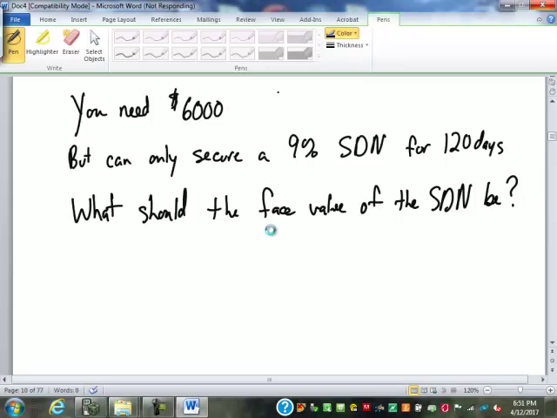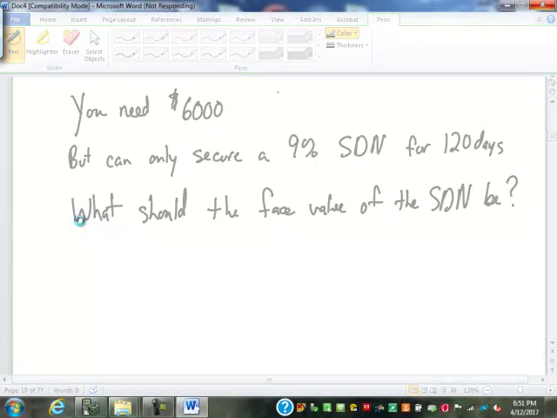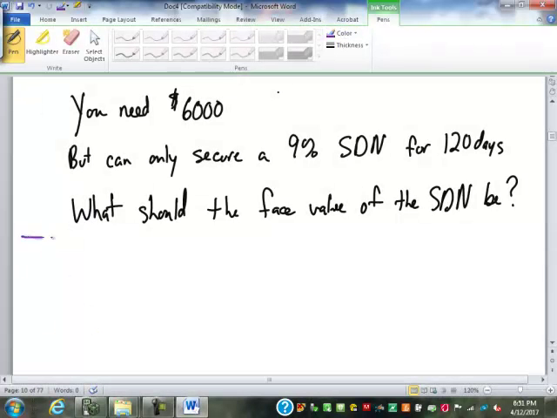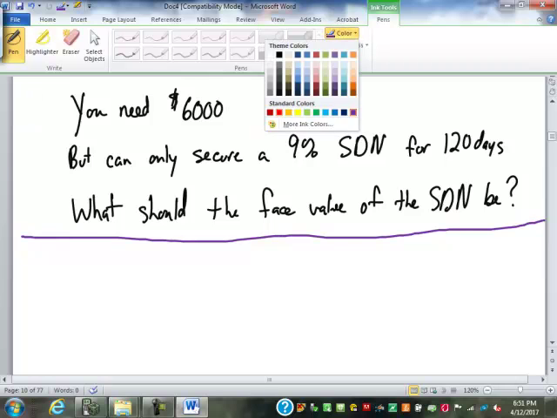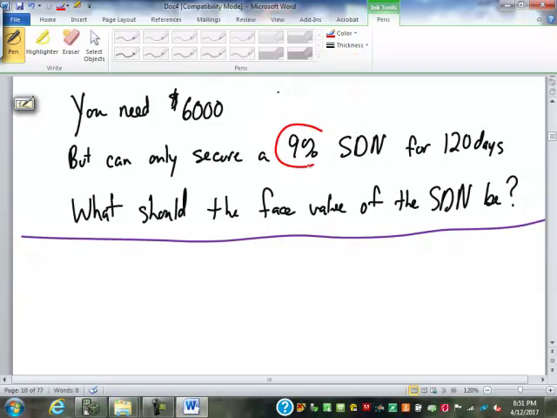So our first step is going to be to find the effective rate. But you're wondering to yourself, they're not actually borrowing $6,000. It doesn't matter. The effective rate does not depend on the face value of the loan. The effective rate on a simple discount note is totally determined by the percent and the term. Doesn't matter whether they're borrowing $1,000 or $10,000 or $15,000.